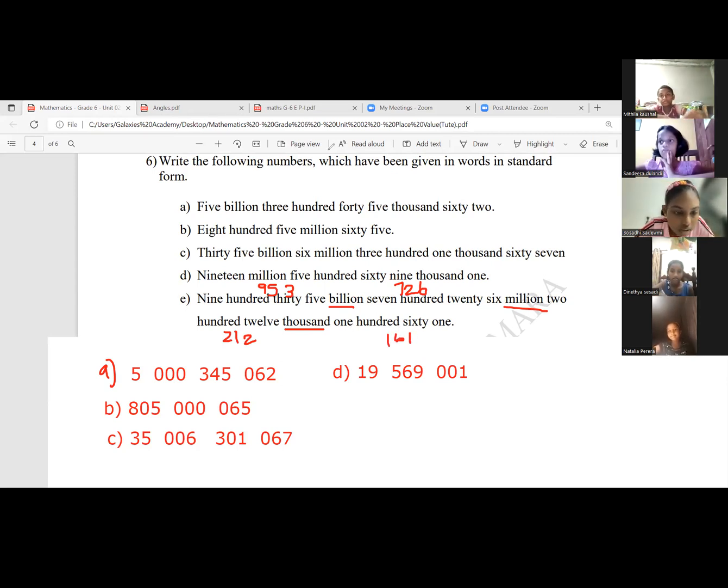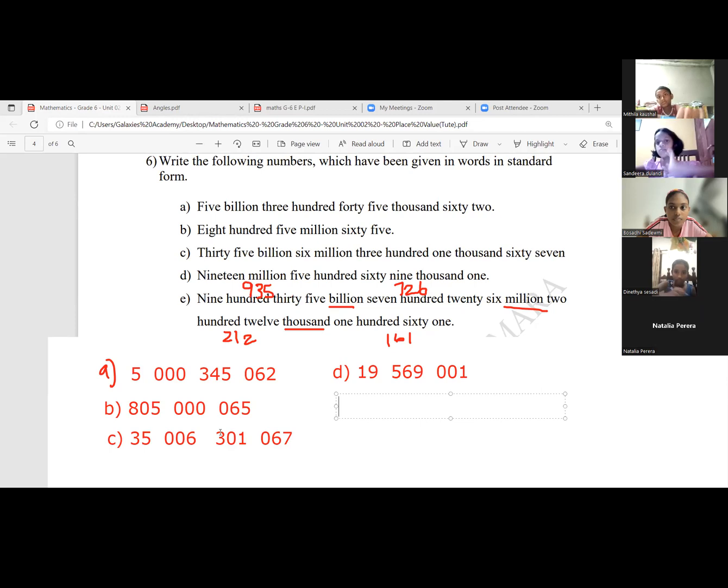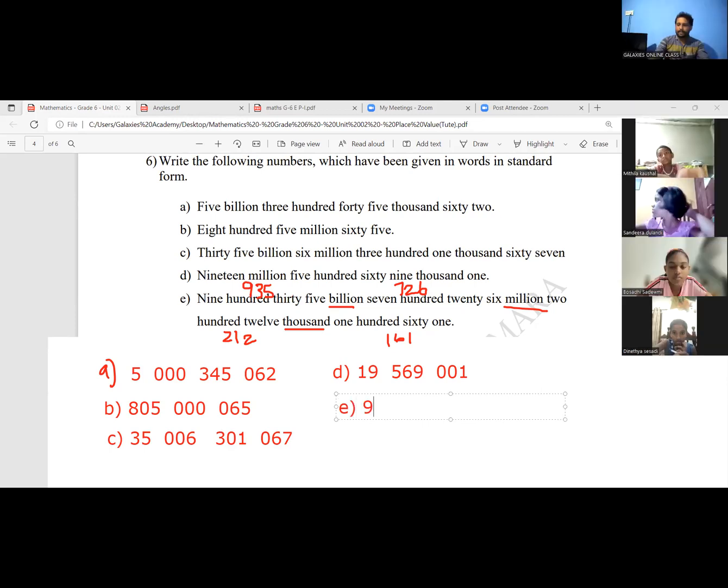Excuse me, sir. Yes. 953, no, 930, sorry. Yes, sir. 935, no, I wrote 53. Okay, 935. Okay, then you can write the final answer: 935 space 726 space 212 space 161. Okay, that's the standard form.